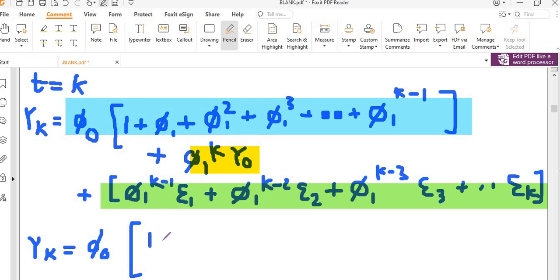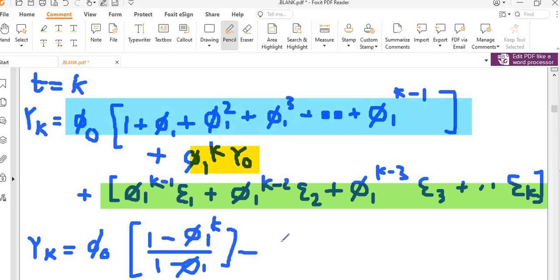We can put 1 minus phi 1 to the power k by 1 minus phi 1, right? I think I have a video on GP series and I'm going to try my best to find it. I'm going to link it somewhere in the description box below or even in the top right corner of the video, but that is the expression for this series.